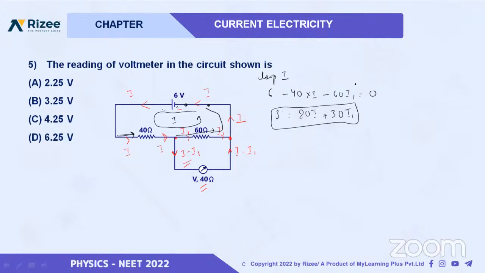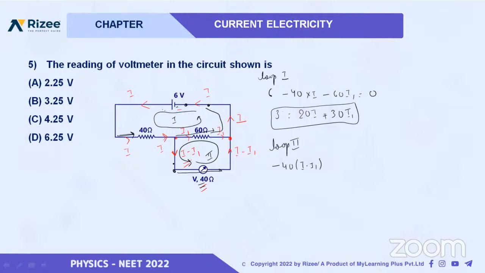Okay. First equation got. Now for the second equation, I will write the KVL equation in this loop, loop 2. Starting from here, I am moving in the direction of current through 40 ohm, so I will say minus 40 into the current I minus I1.